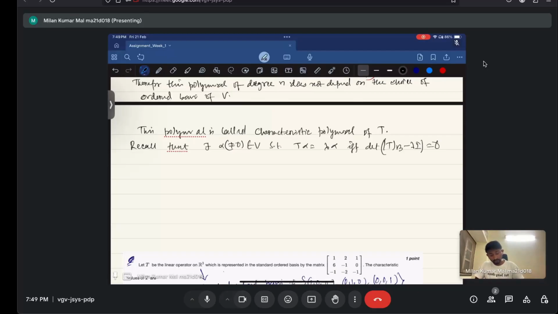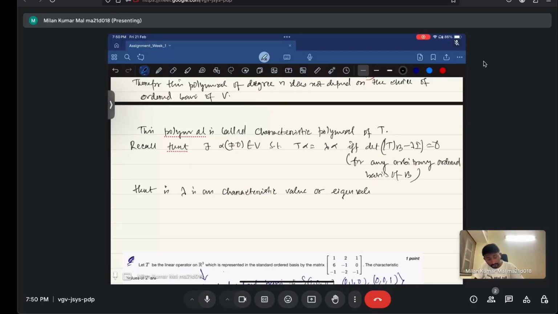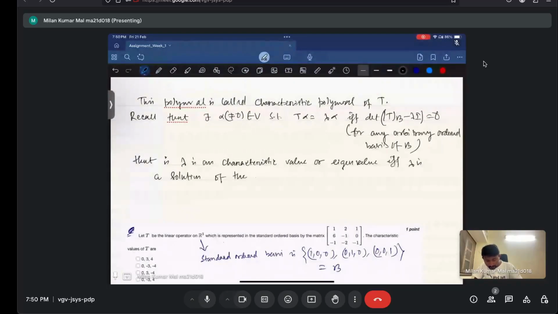That is for any arbitrary ordered basis B. Lambda is a characteristic value or eigenvalue if and only if lambda is a solution of the characteristic polynomial.